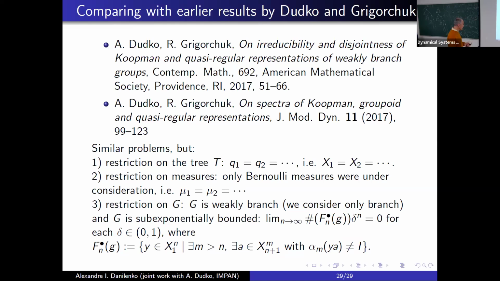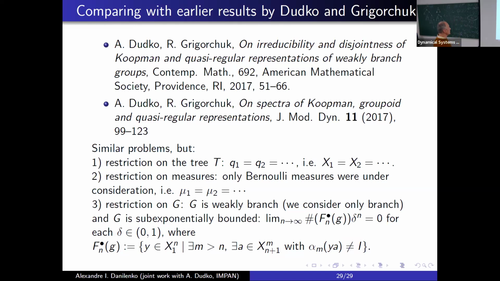They considered a very special case, such that q1, q2, and so on, all of them are equal, and they considered only Bernoulli measures. But on the other hand, they considered more general groups. They considered weakly branch groups, while in the present work we consider only branch groups.